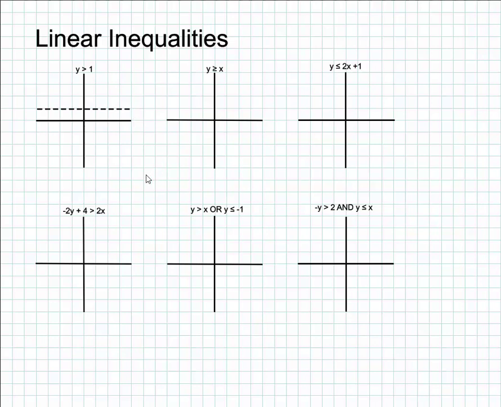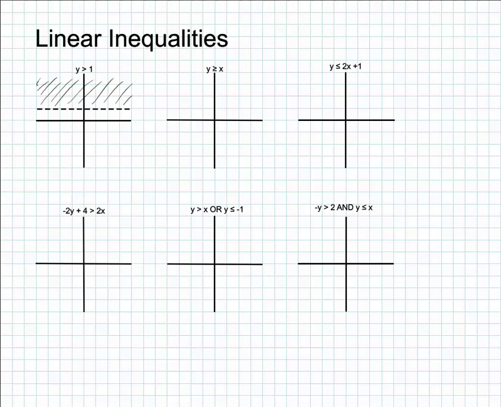Because this is an inequality, and we don't want to include 1 because it does not say y is greater than or equal to 1, we're going to use a dotted line at y equals 1, because we don't include the actual value 1. And then we want y to be greater than 1, so we're just going to shade in the part of the graph that is above that line. And that will be the graph for y is greater than 1.